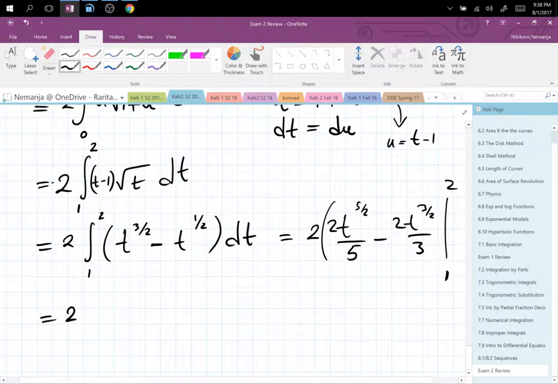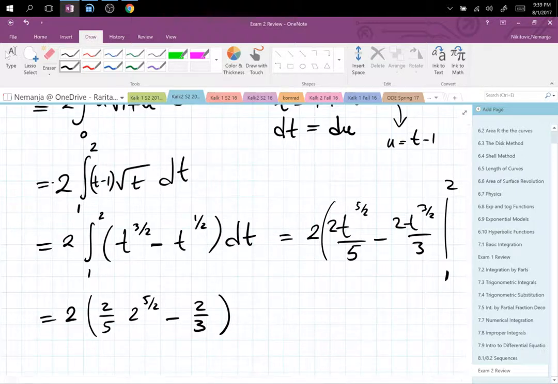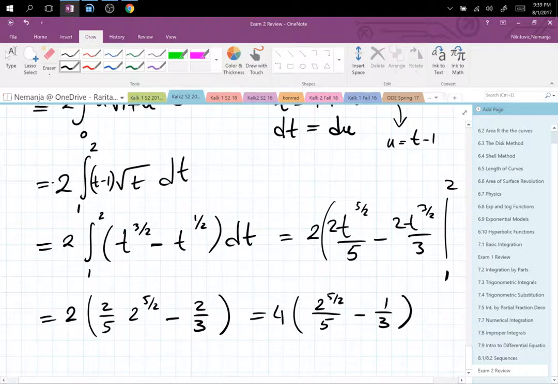Now plug in 2. We have 2/5 times 2 to the 5/2 minus, plugging in 1, just 2/3. And we can leave it here. This is the exact answer. We can actually pull 2 out. And then you can punch this in the calculator if you want your decimals.